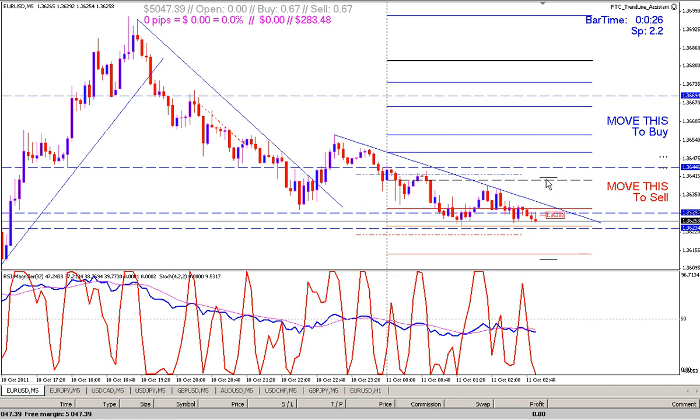So these are suggested buy and sell stop loss sizes, and the stop loss plus the account size plus your desired risk sets how many lots you should be buying or selling. This is called out here, and it changes as this stop loss changes.